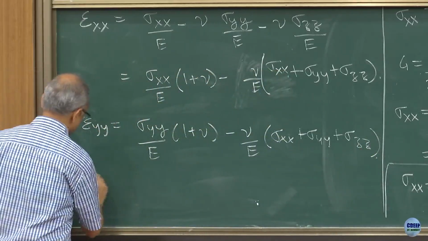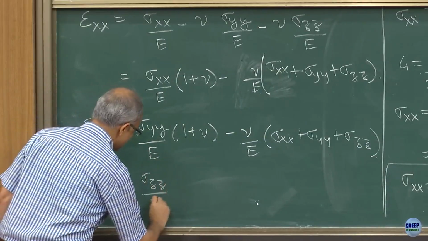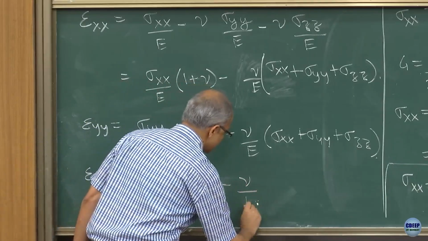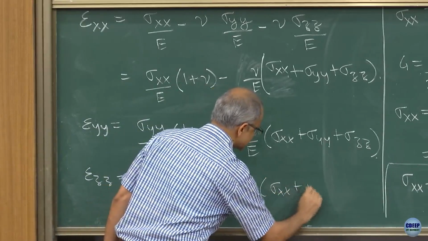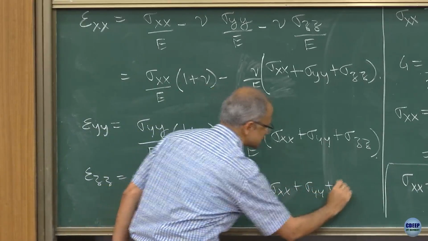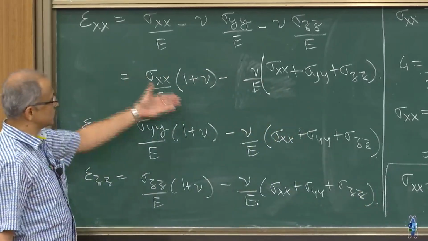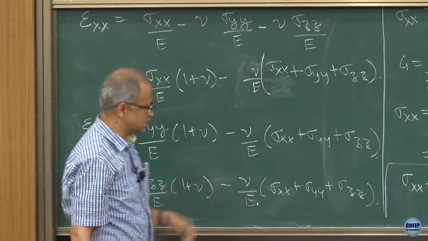And similarly, if I look at epsilon zz, again, this has to be replaced by sigma zz upon E times 1 plus nu minus nu upon E times sigma xx plus sigma yy plus sigma zz. And why is this term not changing? It is essentially from whatever we have done here.